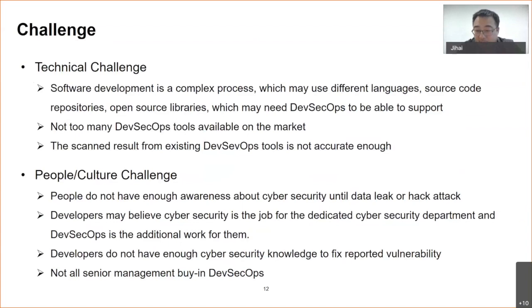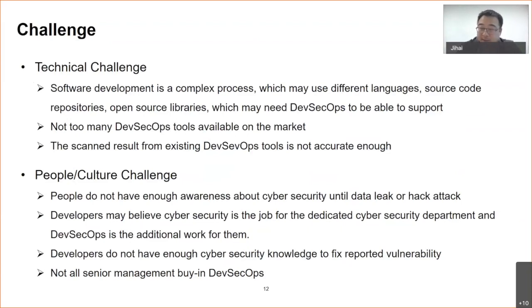For example, developers normally don't believe cybersecurity is part of their job. They believe coding is their job, but not cybersecurity. We have a cybersecurity department, and this is their job. I think this is a very common mindset. Also, some people do have the mindset that when doing the coding, they should be aware of cybersecurity.